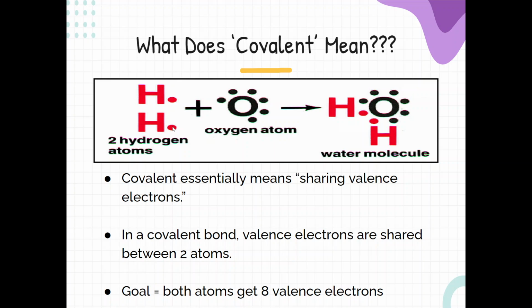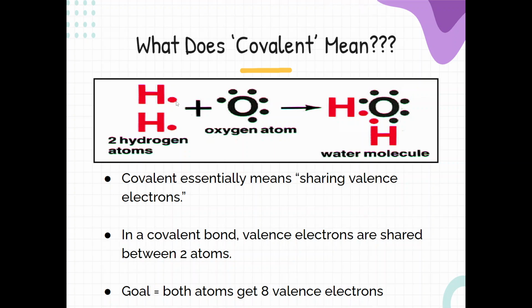We can see this again with some dot diagrams. For example, a water molecule is formed by covalent bonding between 2 hydrogen atoms and an oxygen atom. Each hydrogen has 1 valence electron. Those are single electrons, so they can mingle and be shared. Oxygen has 6 valence electrons, where 2 of the valence electrons, this one here and this one here, are single so that they can be shared with other atoms.